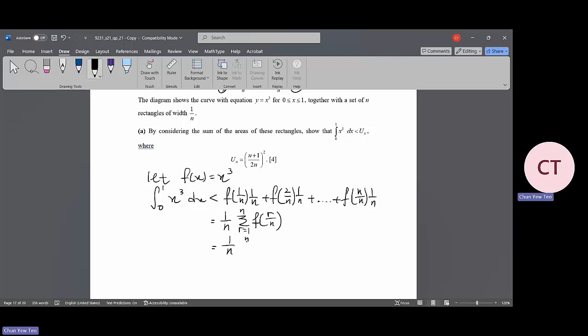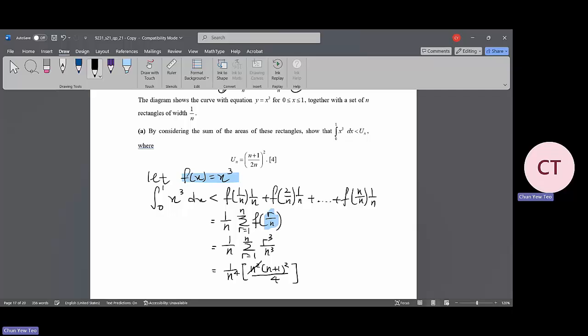Then replace the variable r over n inside this function, and you will get r cubed over n cubed. R is a variable, n is a constant. You can take the constant out, you will get power 4, and inside here you will get the sum of r cubed. This formula you can get from the formula booklet MF19. So I will write it out as n squared, n plus 1 squared over 4.